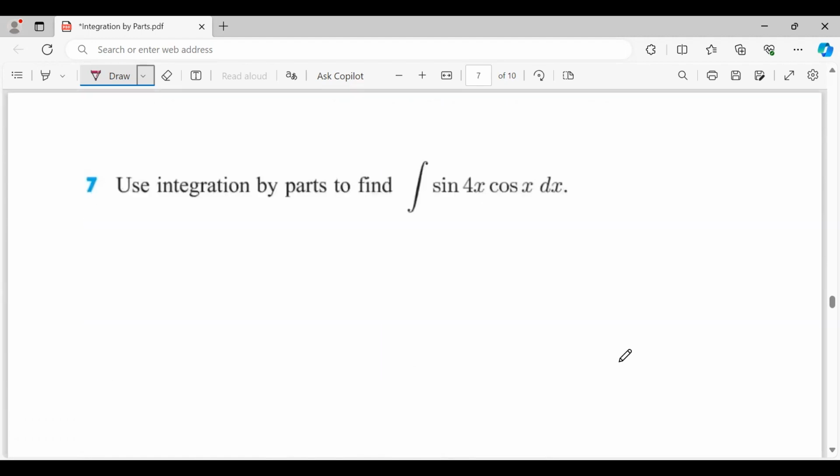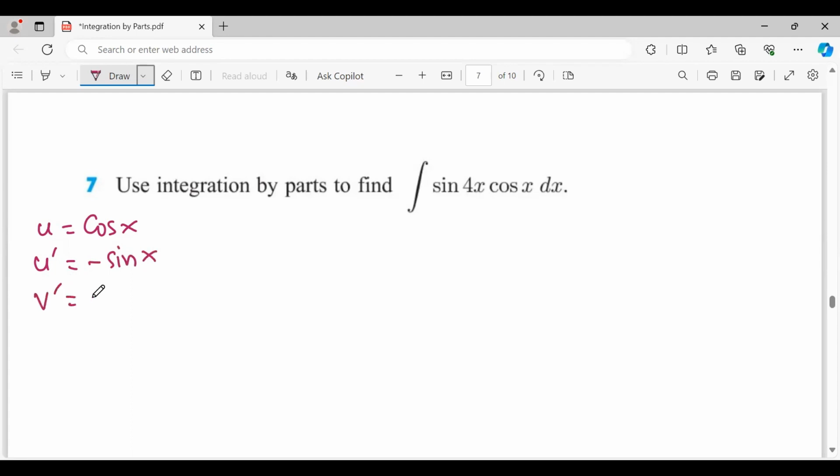Number 7. Use integration by parts to find integral sine 4x cosine x dx. So u equals cosine x. It means derivative u equals minus sine x.